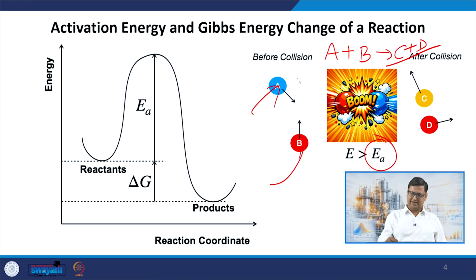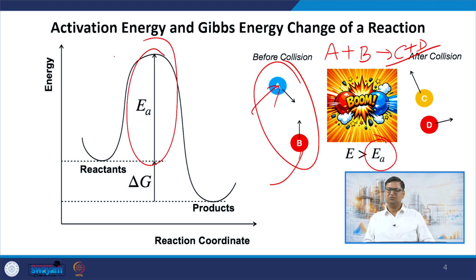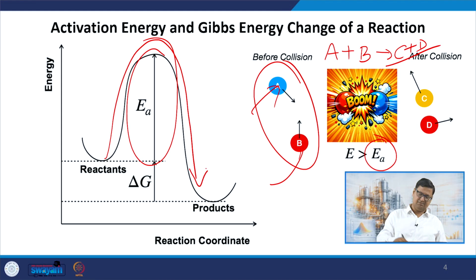So, reactants A and B otherwise are in some kind of a state where energy is small, right, and they prefer to remain in that state until they get a very high energetic push. They will remain in the state of A plus B, let us say, and once the collisions give rise to large energy, more than this activation energy barrier, then they can go from here and become products.